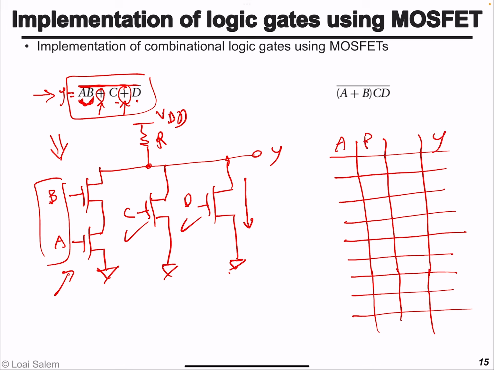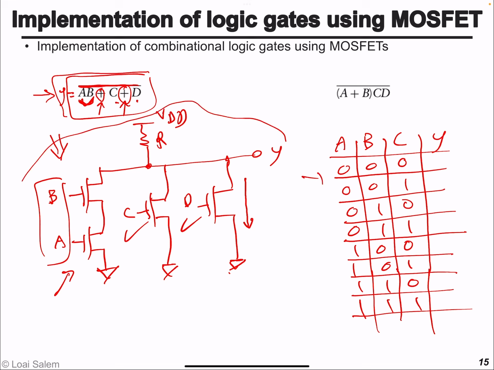A, B, C, we have 0, 0, 0, 1, 2, 3, 4. Okay, and try all combinations. You will find that at the end of the day, this schematic does implement this function.